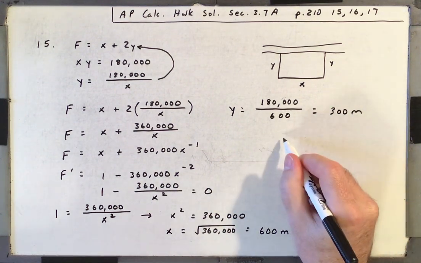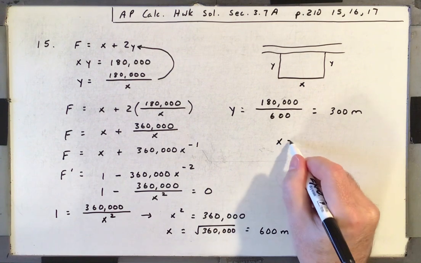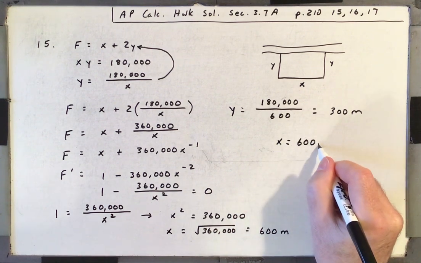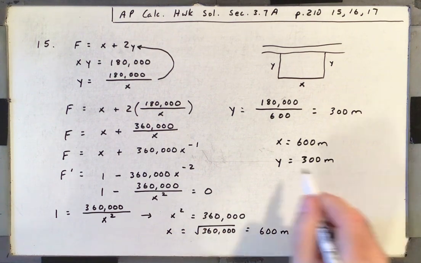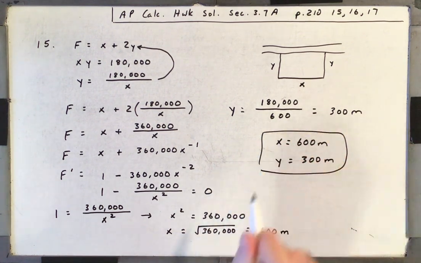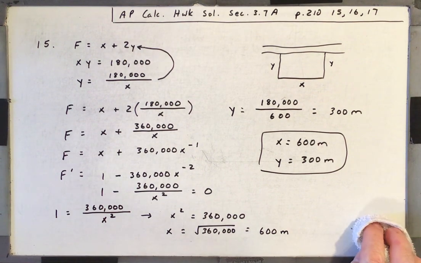So our answer would be x is equal to 600 meters and y is equal to 300 meters. So 300 by 600 meter pen. All right, not bad. Hope you were able to get that one.